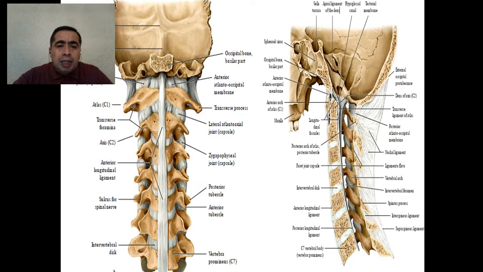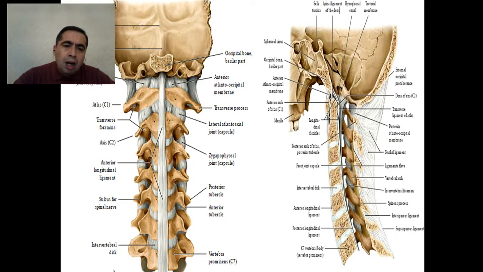You are looking at the bony structures of the neck. You know the bony foundation of the neck is formed by the seven cervical vertebrae.